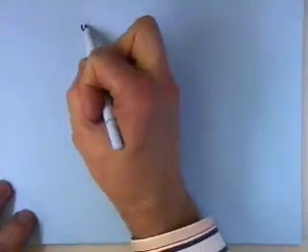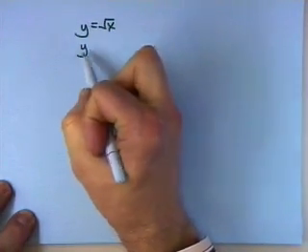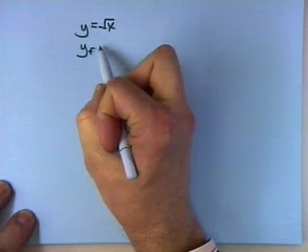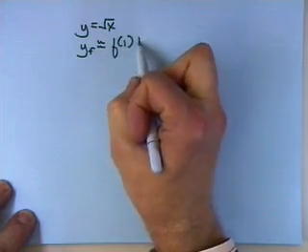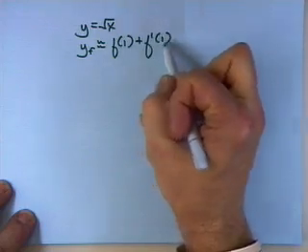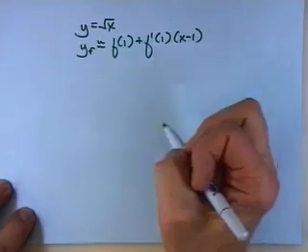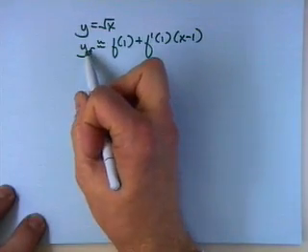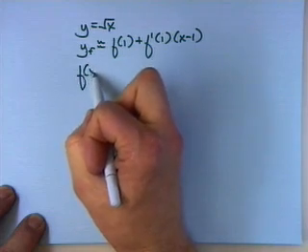So here's our function. Here's how we're going to approximate our y values. In fact, instead of saying the y value on the function, let me just say that that's f of x.